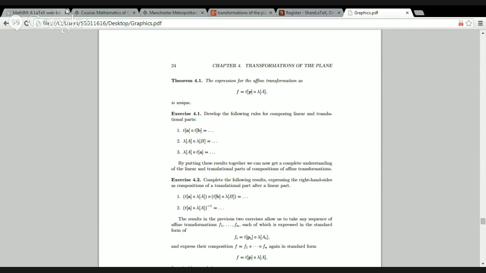So the dot product between phi of x and phi of y has to be the same as the dot product between x and y. And they're also going to preserve the angle between vectors. That example we looked at of the rotations, that's an example of an isometry we'll see soon.